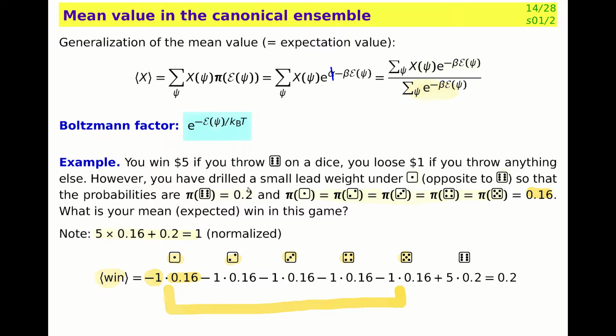And if I am lucky, I get number 6 points here, so I win $5, and this is the probability. And if I calculate this, I'll get 0.1. So my average win in one cheated game is 20 cents.